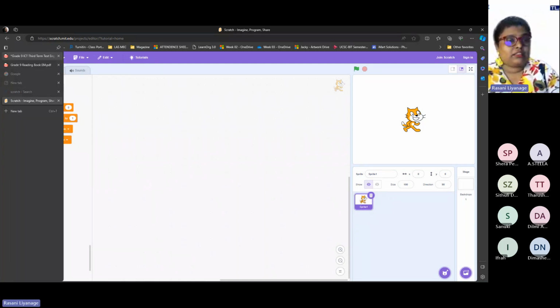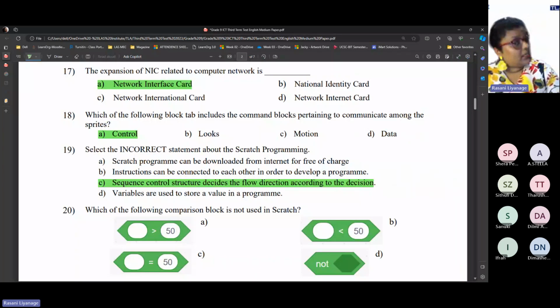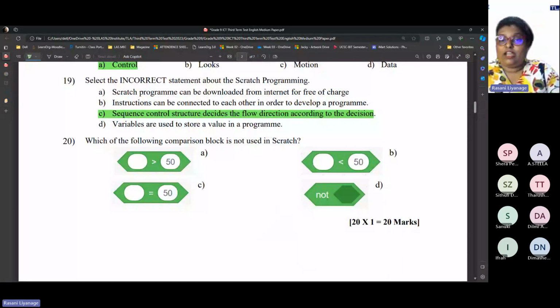All right. The last question, which is not a comparison block. Now we simply know greater than, less than, equal, all that are comparison blocks. But what about not? Not, and, or, all that are logical blocks.